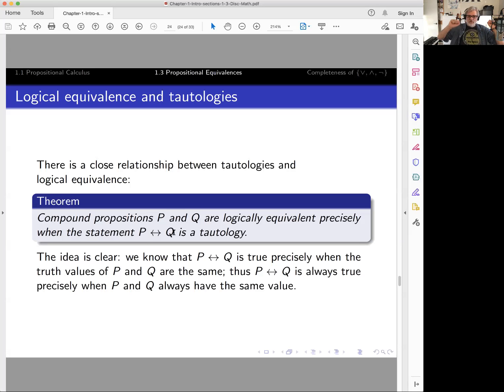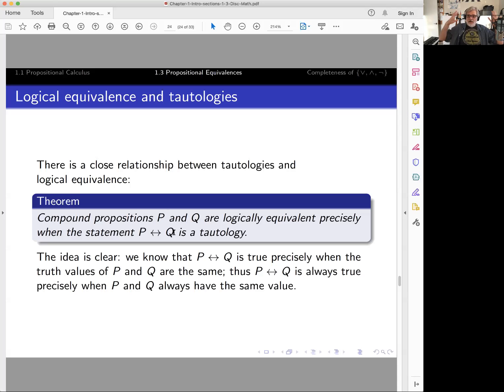So P if and only if Q lights up as true when P and Q have the same value. So to say that P if and only if Q is a tautology means that it lights up true all the time. And it lights up true all the time means that P and Q are always equal, hence logically equivalent. Okay, so that's the proof.